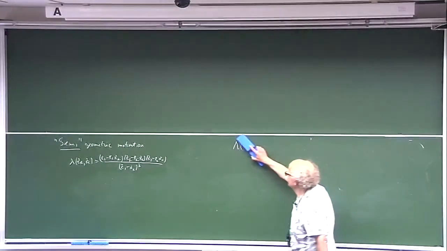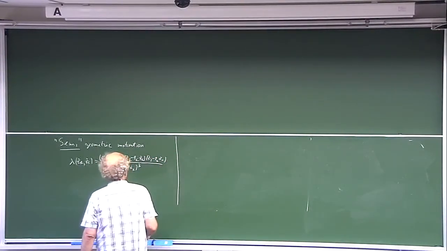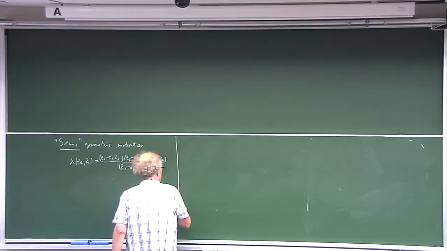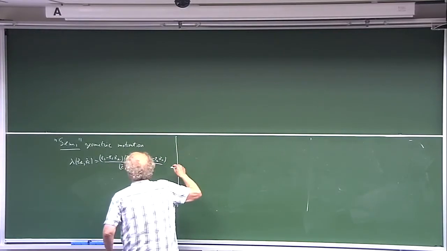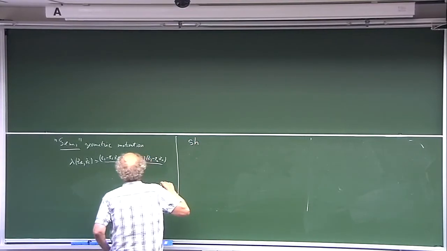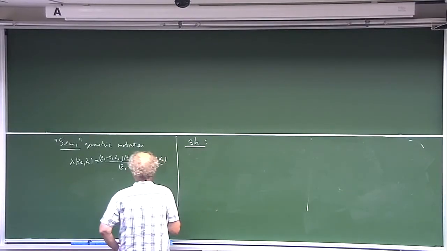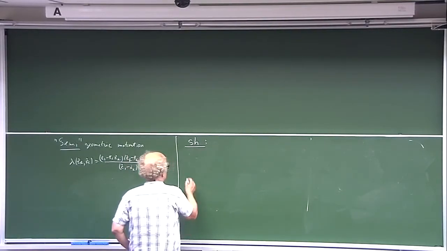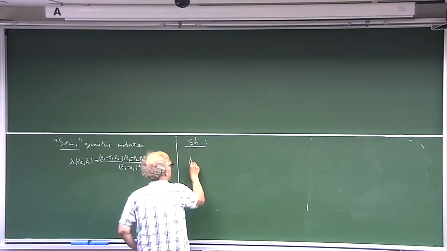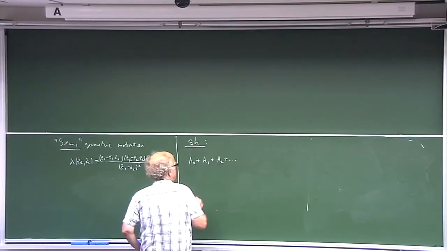And now, well, stop about all this. Let us return to this algebra. We have the shuffle algebra, and let me just repeat what we want. This is E0 plus E1 plus E2 and so on.